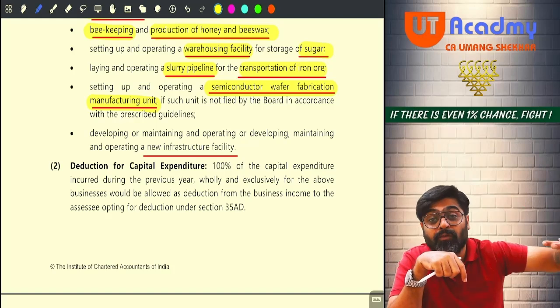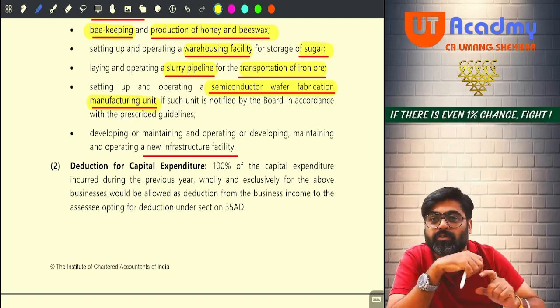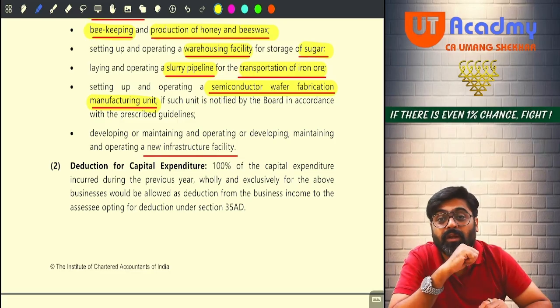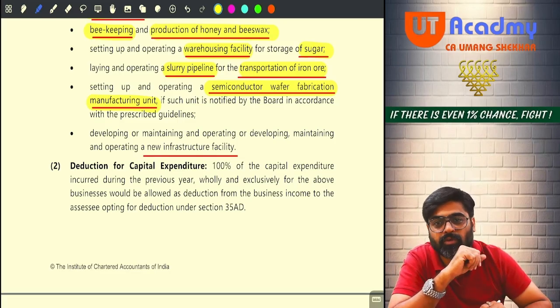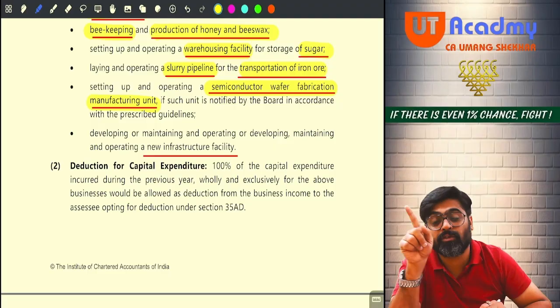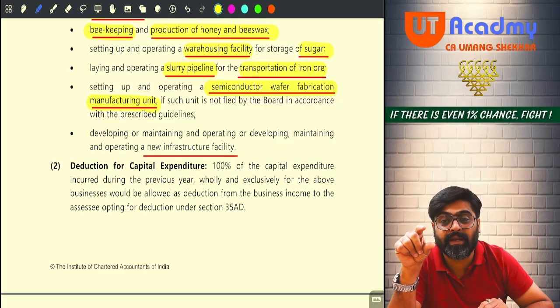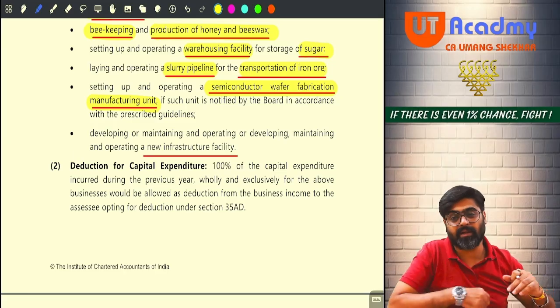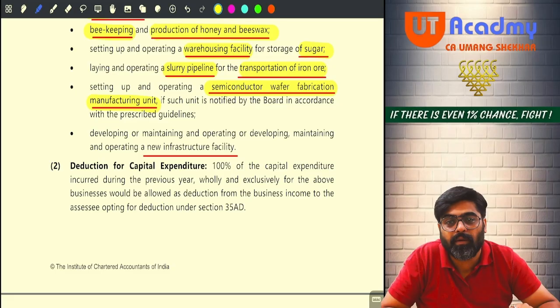So you are in the manufacturing of these types of circuit boards. You are having a manufacturing unit for these types of circuits. That manufacturing unit is known as what? Wafer fabrication manufacturing unit. Semiconductor wafer manufacturing unit.